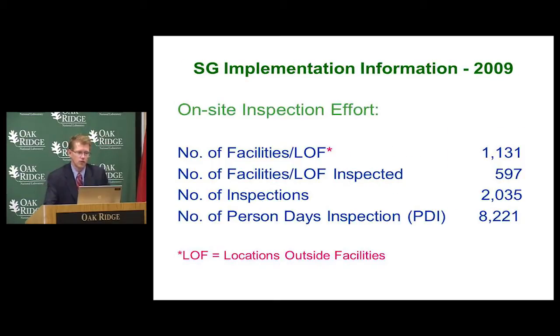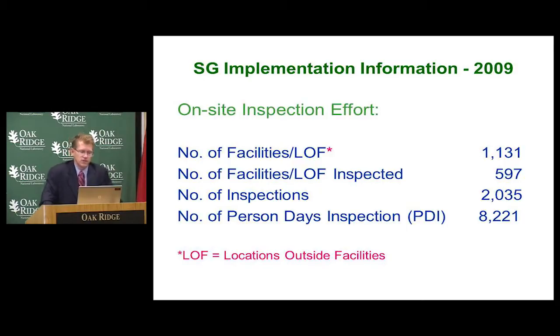In terms of number of inspections, looking at 2009 alone, there were 1,100 inspections conducted over the course of the year. Now, looking back, the professional staff is about 200, so on average, each professional staff does about 5 inspections a year.